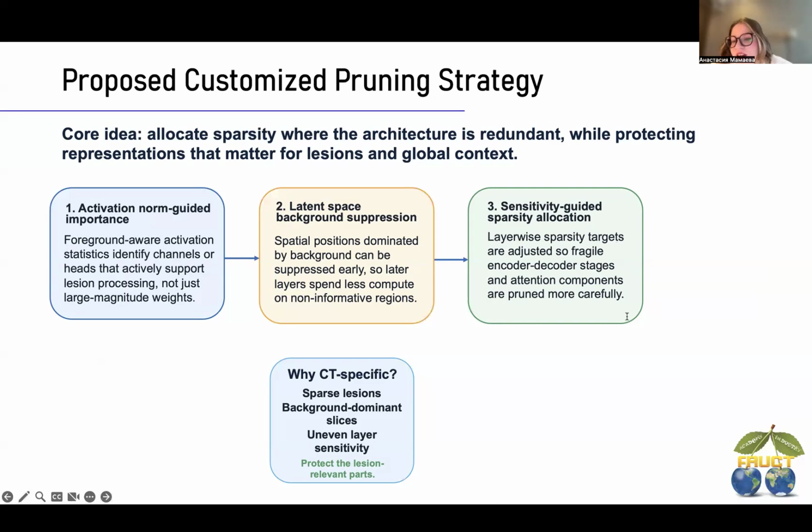This helps us find units that really contribute to the useful feature representation, especially in diagnostically important foreground regions. The third part is background suppression in latent space. Lung CT images often contain large background areas that don't have much diagnostic value, so we try to reduce unnecessary computation in those regions. Together, these ideas help us remove redundant computation while keeping the most important task-related capacity of the model.